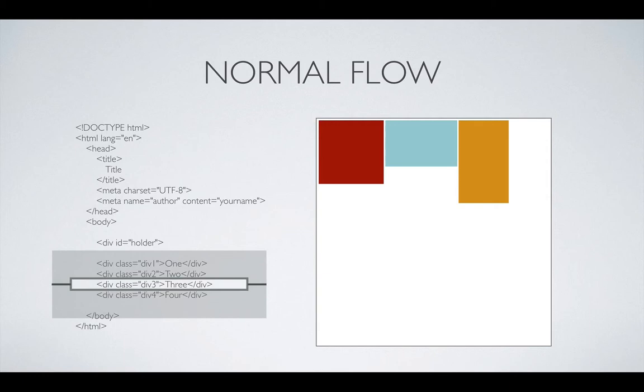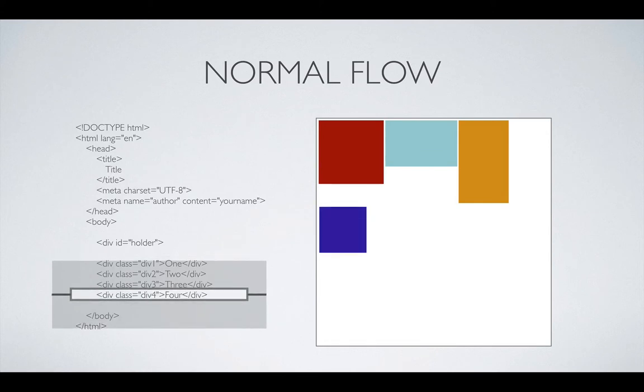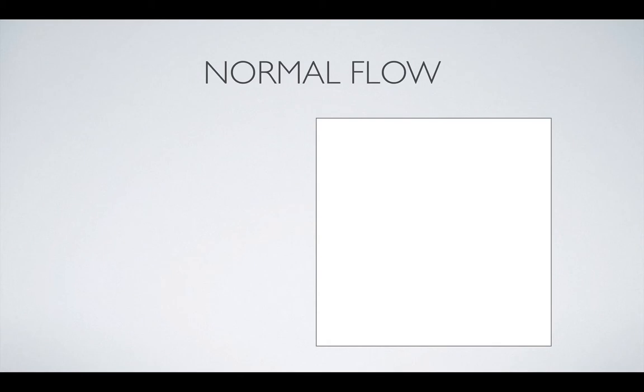Now, the fourth object might not have enough room to appear on the right, so it will appear down below the other objects, and it will begin a new line, and from there, things can move on to the right again. Let's take another look at how that might appear. Now, once again, the focus begins at the top left of the web page. So when an object appears, it appears at the top left.